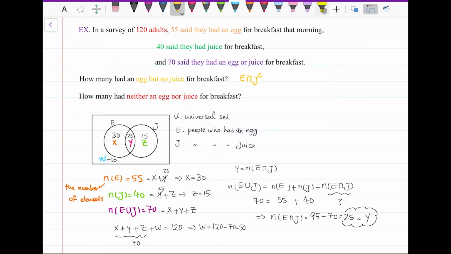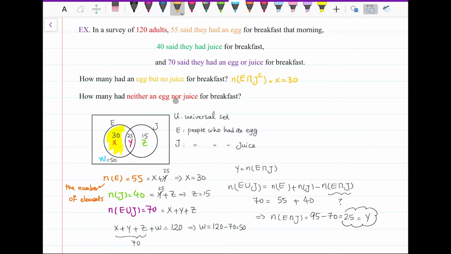It's E in here. Let me highlight it. E intersection with J complement means all the elements of E that are not in J. So this area in here. So N of E intersection with J complement, the number of people who had egg but no juice, is x, and it's equal to 30.